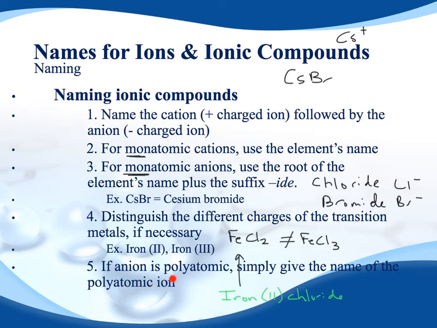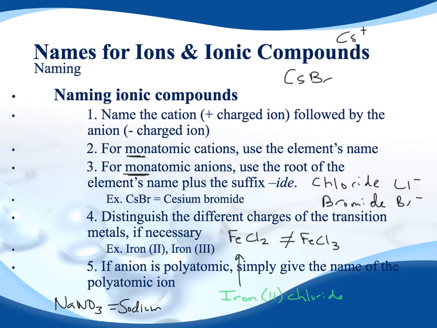If the anion is polyatomic, you simply give the name of the polyatomic ion. So if you've got, for instance, NaNO3, you name that by calling it sodium, that's the name of the metal, plus the name of the polyatomic ion.